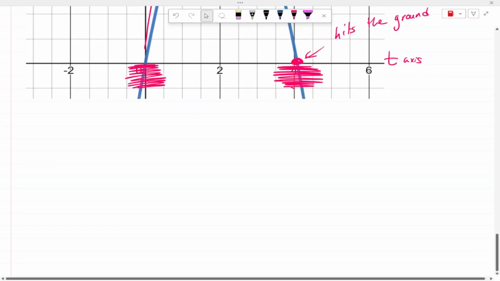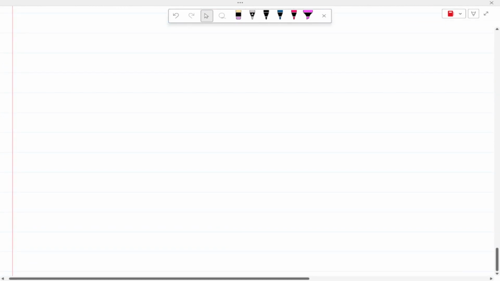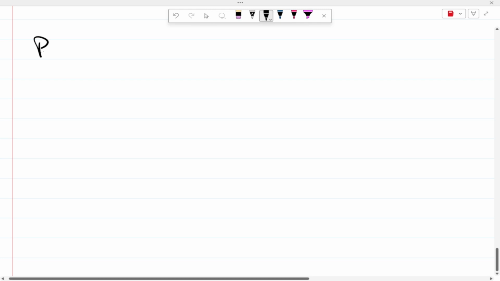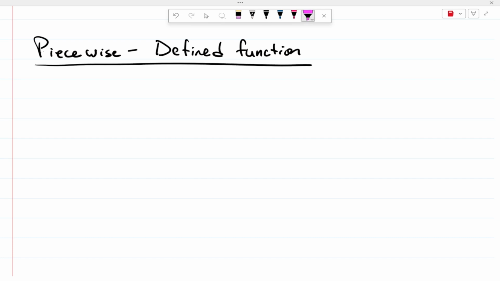Now, we do have other types of functions, all right? And this is called a piecewise defined function. All right. Now, the key word or the root word in this entire definition that I'm about to give you is right here.